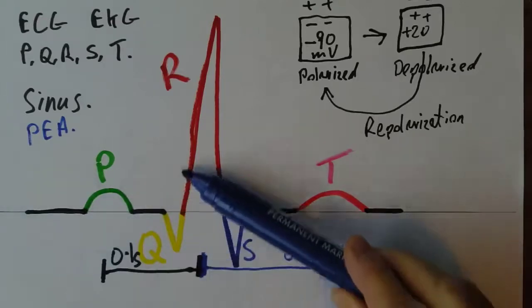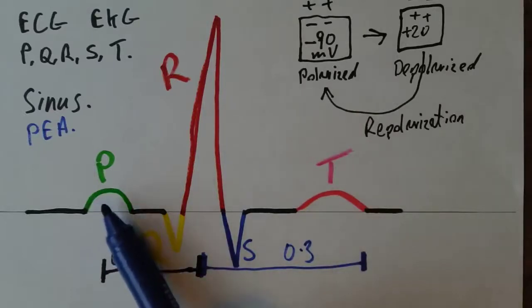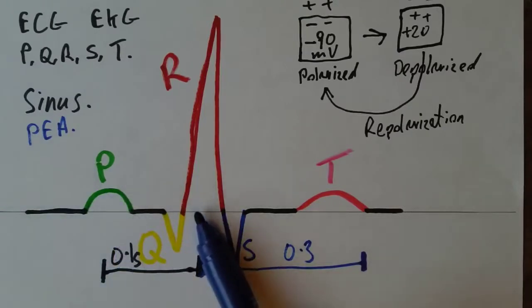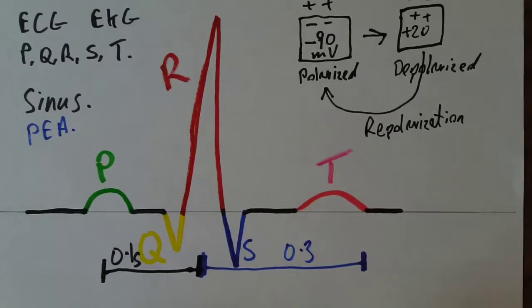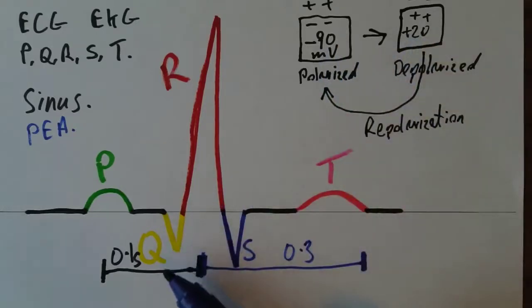Well, that's because there's so much electrical activity going on in the QRS that the repolarization of the atrial myocardium, which of course takes place, it has to take place, but we don't see it because it's buried in the QRS complex. But there will be one, there has to be, otherwise the atrial myocardium couldn't depolarize to generate the next atrial systole.